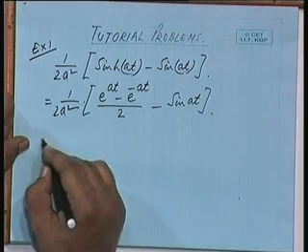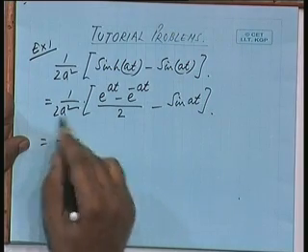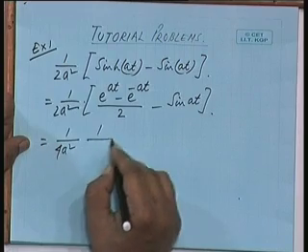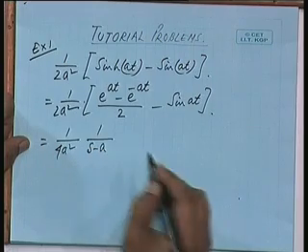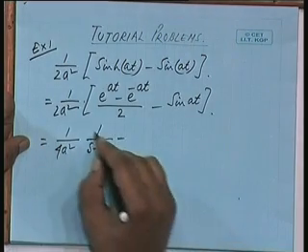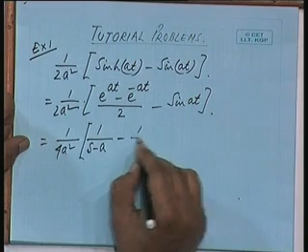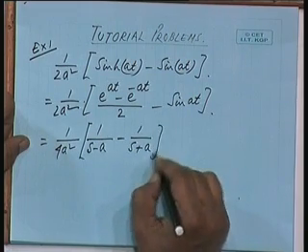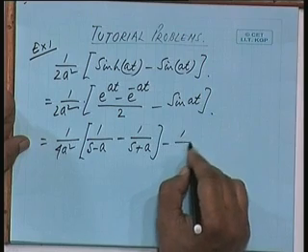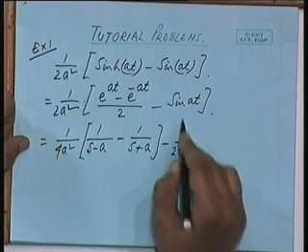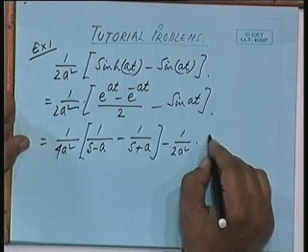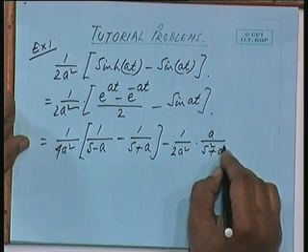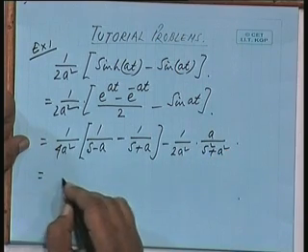So it is pretty simple, 1 by 4a squared, e to the power at will be 1 by s minus a, minus 1 by s plus a, is that all right, minus 1 by 2 s squared, sin at will give you a divided by s squared plus a squared, is that okay.